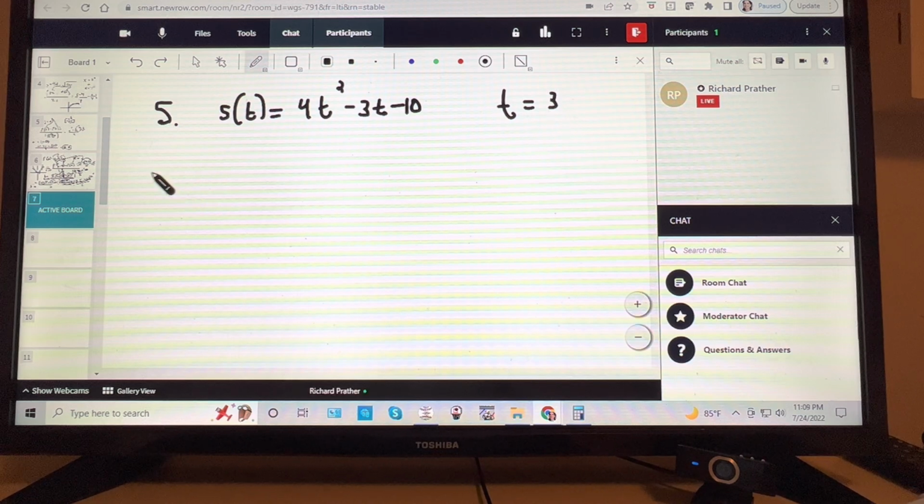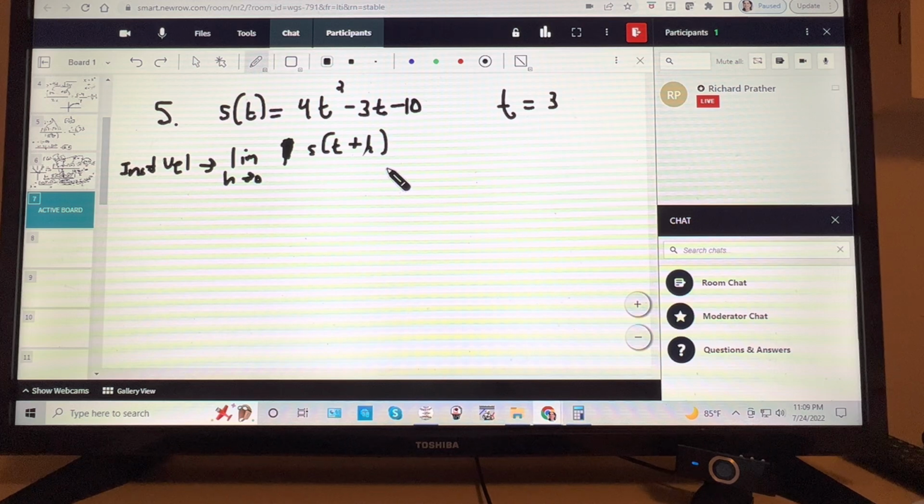So the instantaneous velocity is similar to instantaneous rate of change. We do limit as h approaches 0. And then rather than f of x plus h, we have to switch to s of t plus h. Since it's not f of x, it's s of t. And then minus the s of t all over h.